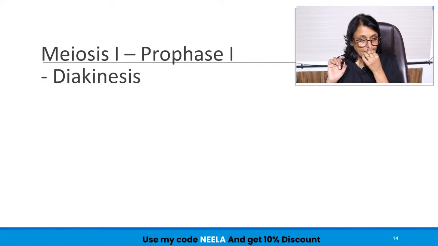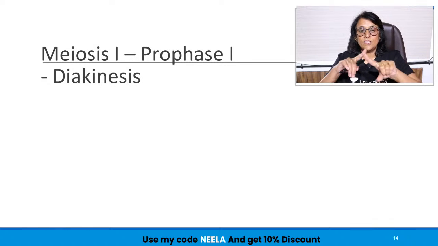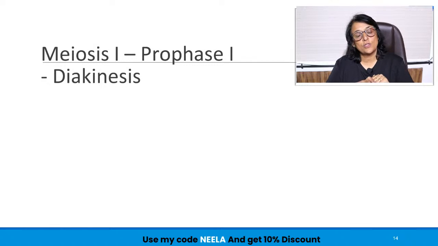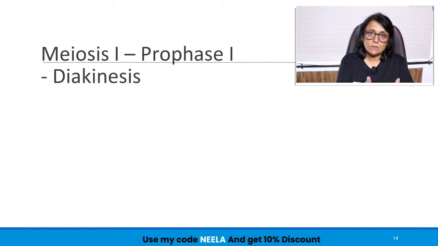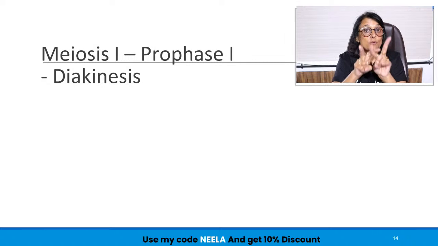Now, a question might arise that chromosomes are already condensed, and in prophase we say chromatin fibers condense, right? Here, by the end of Diplotene, when this crossing over takes place, there are two more changes which are taking place. Up till now, how are the chromosomes? If we are talking about just the Diplotene stage, exchange of genetic material has taken place. These two non-sister chromatids are fused here. Recombination nodule is formed. That means exchange of genetic material has taken place. Do you still need the synaptonemal complex?